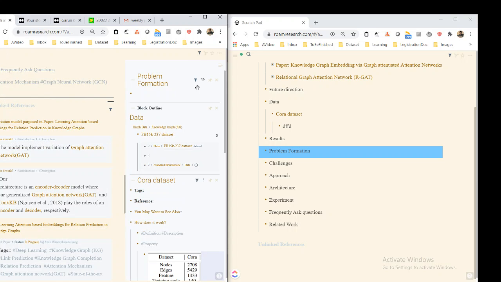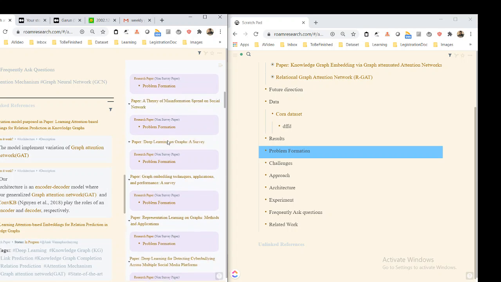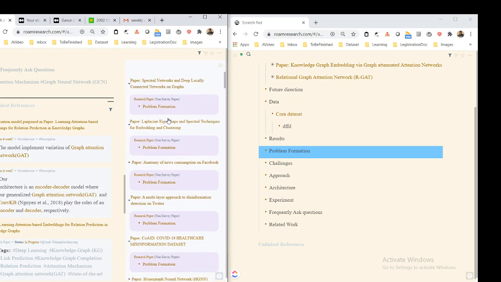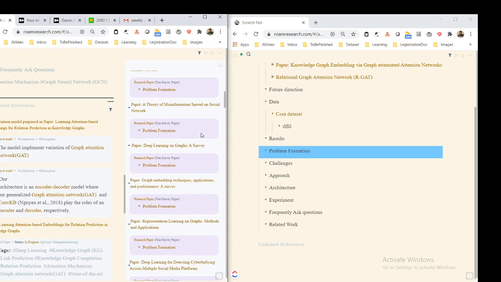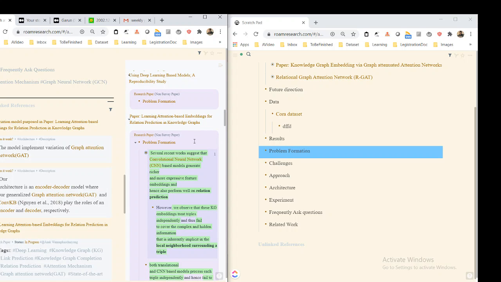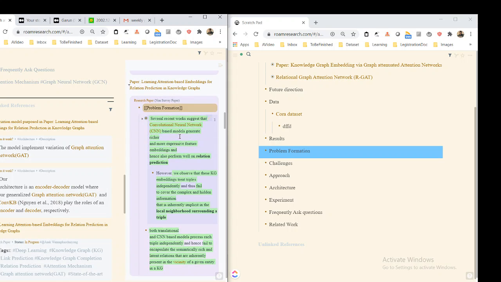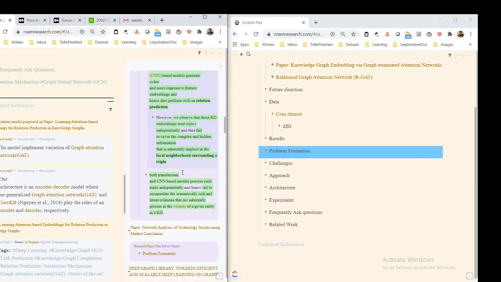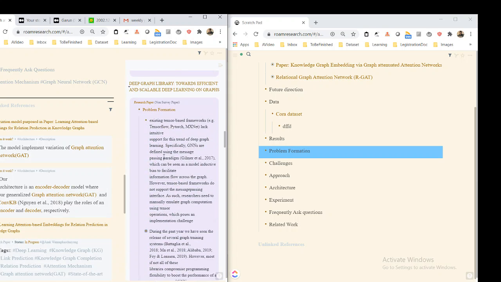Problem formation is simply a way to investigate how the researcher came up with the idea. Some papers, like this one for example, go in depth into telling you how they came up with it. They found something here, and then later on they saw the flaw, and they continued their research paper from there.